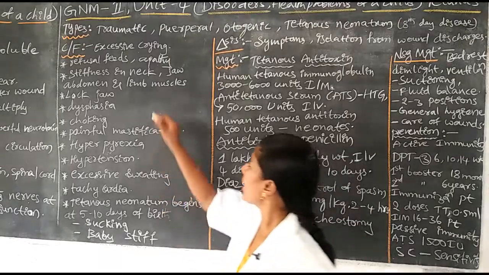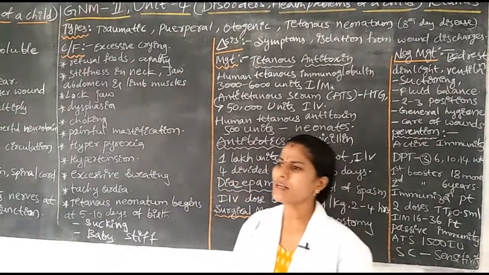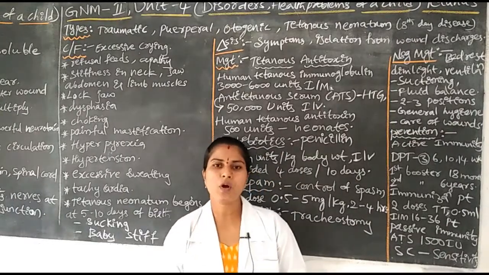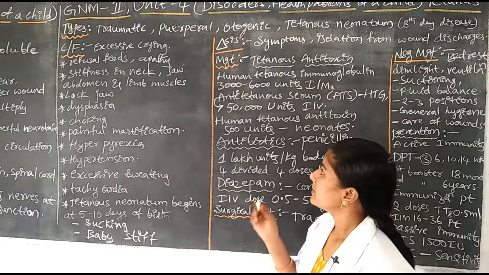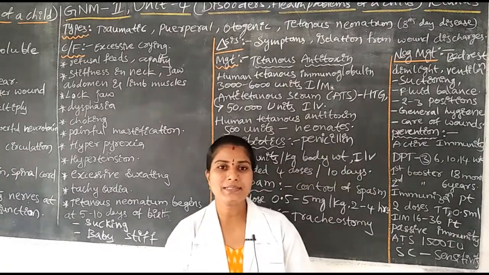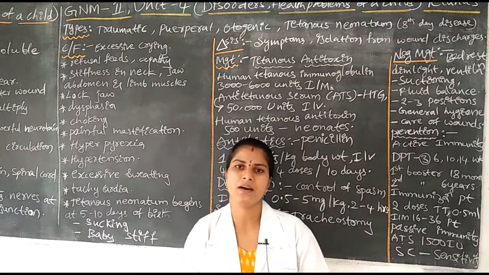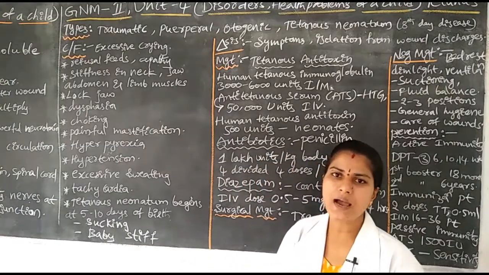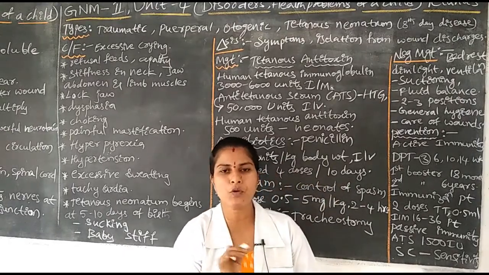Next, the jaw also becomes stiff. What is meant by jaw? The jaw forms the mouth, the upper jaw and lower jaw. The jaw movements are not there in children affected by this bacteria. What is the use of the jaw? When we are speaking, the upper and lower jaw should move.